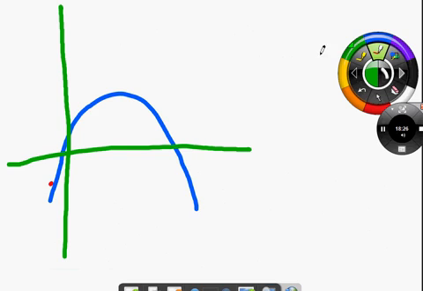So let's say this is our parabola, and this is the turning point. I'm just going to use a purple color there. So this is 5, and let's just put 20. So the turning point here is (5, 20), like that.